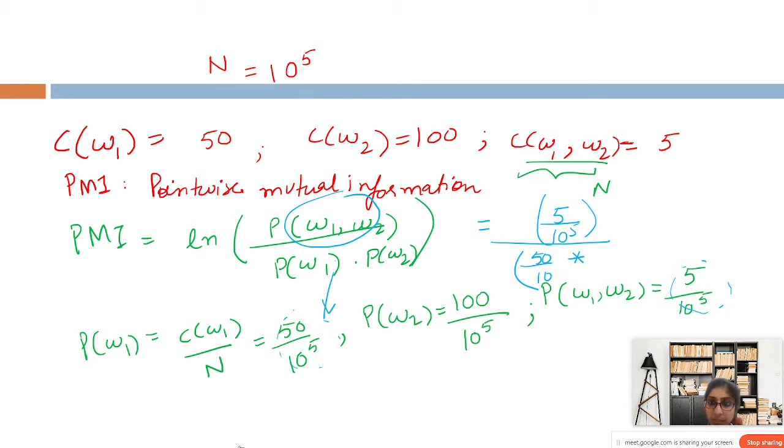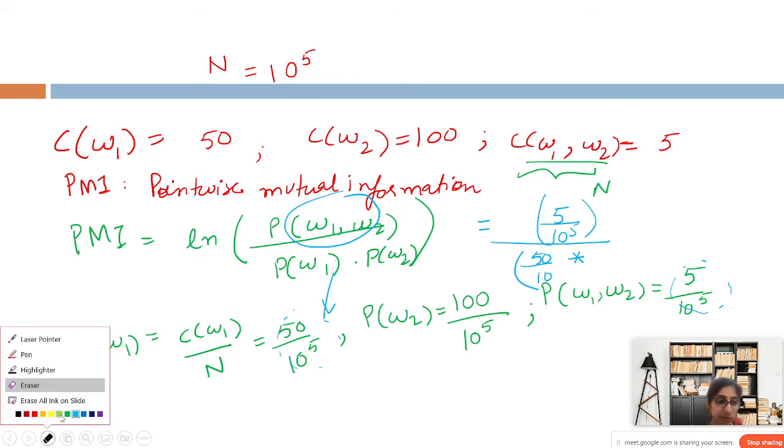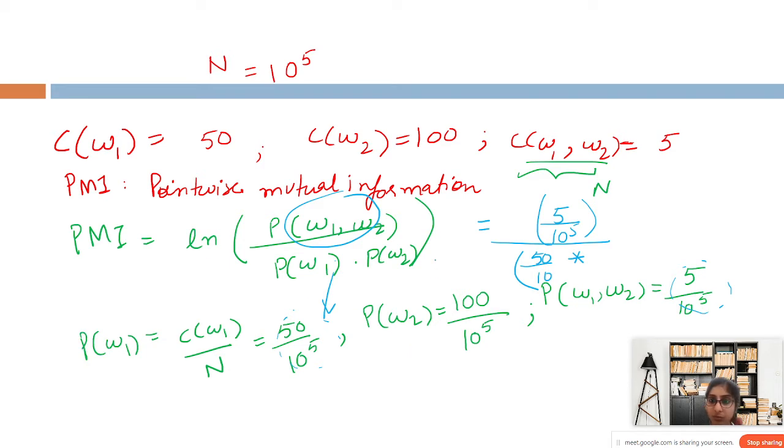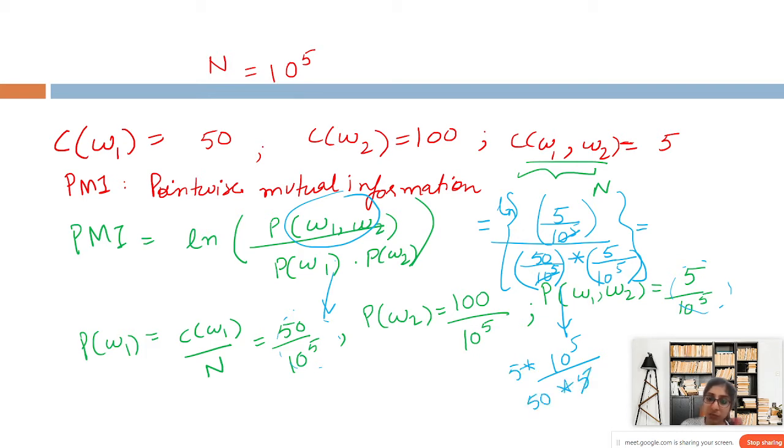So this value will be 5 upon 10 to the power 5. If you solve this, don't forget that we had the natural logarithm outside. 10 to the power 5 cuts out, so it comes out to be 5 into 10 to the power 5 over 50 into 5, so this you cut out.